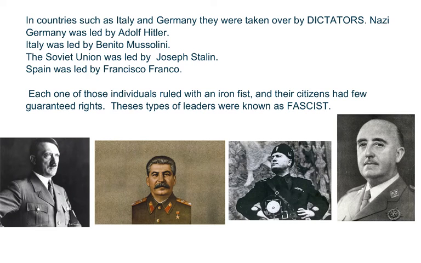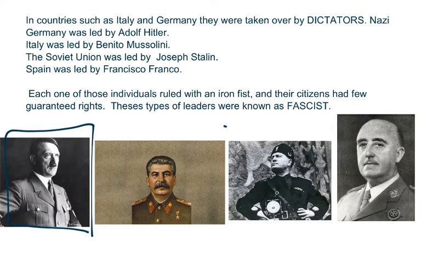Now, because of the Great Depression, and because of the anger that a lot of individuals had towards their governments, this gave rise to dictators, which we've kind of mentioned earlier with North Korea. In countries such as Italy and Germany, they were taken over by dictators. Hitler, who most of us are extremely familiar with, is the guy on the far left, and he ended up controlling Nazi Germany.